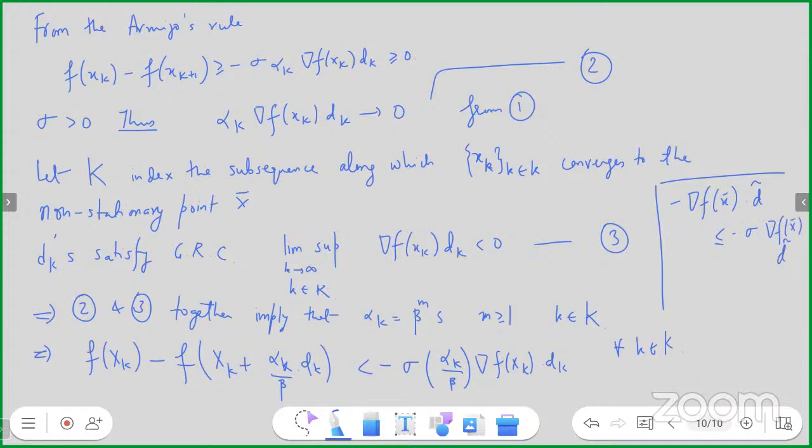What can you conclude? And this is not zero. Just take it to one side. Just 1 minus sigma times this quantity.